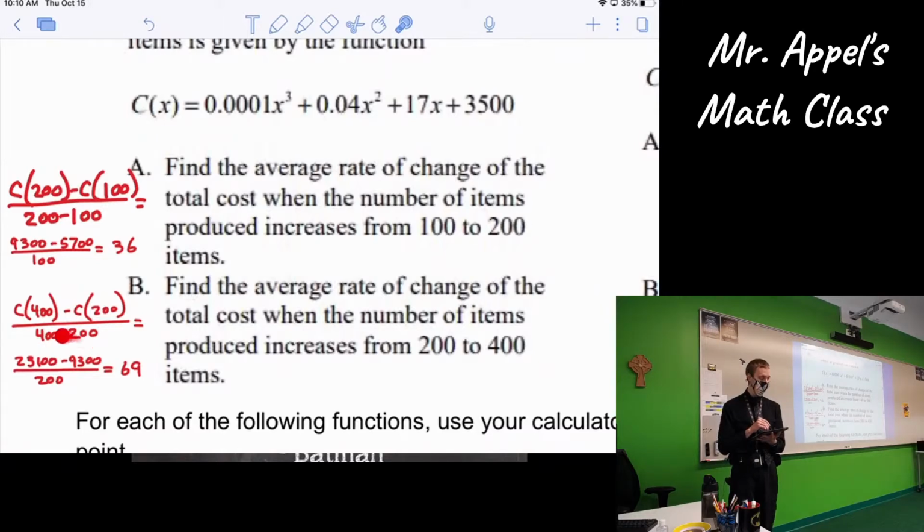We will divide by 400 minus 200, which is 200, to get 69 at the end. Okay, further questions there?